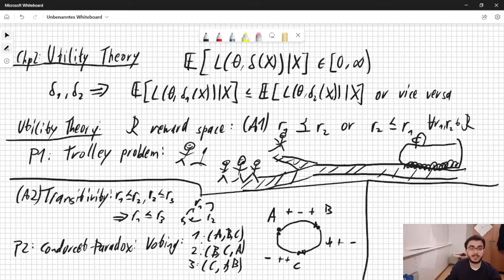This is a paradox very well known in voting, that the way we pick the party depends heavily on the system.